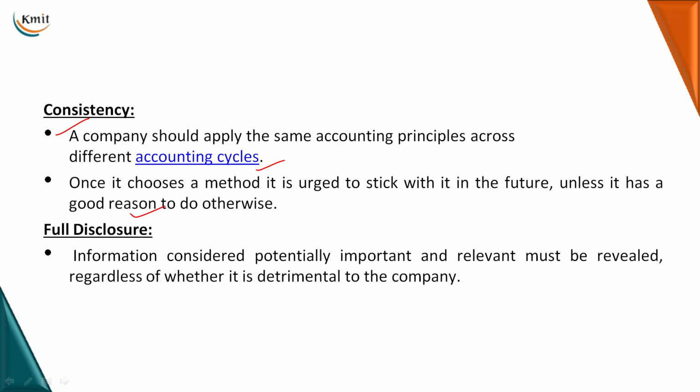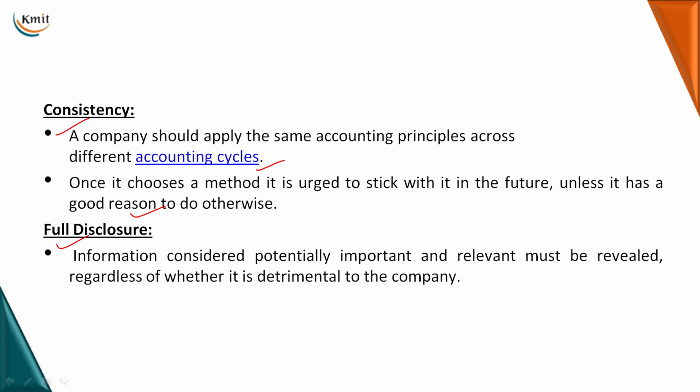So frequent change in the accounting principles may not give authentic information, which ultimately affects the decision making processes. The next one is full disclosure, or we can also term it as transparency.